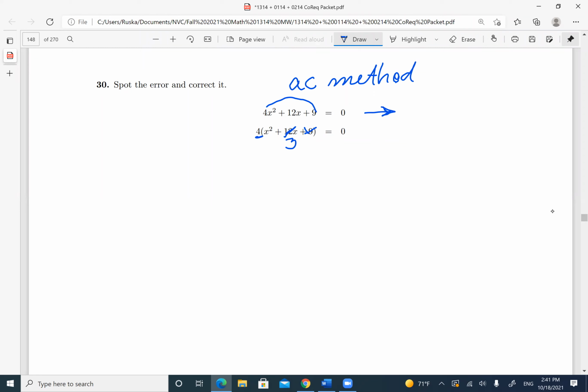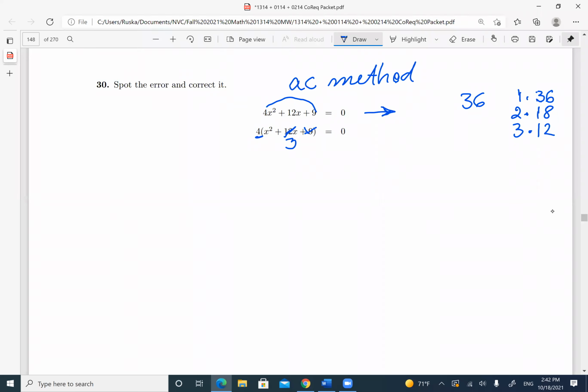You have to multiply. So 4 times 9 is 36. Then I have to get factors of 36, which add up to 12. So you have 1 times 36, because both of those are positive and the middle is 12, so they have to be all positives. What else? 2 times 18, right? 3 times 12.